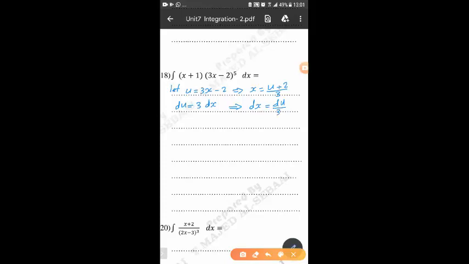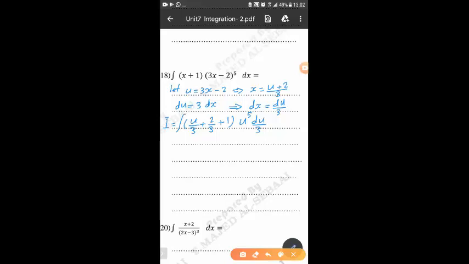That means my integration is going to be the integral of, instead of x, I will write u over 3 plus 2 over 3, plus 1, then u to the power of 5, then du over 3. Was it understood or complicated? Was it confusing? Can you repeat the last step?